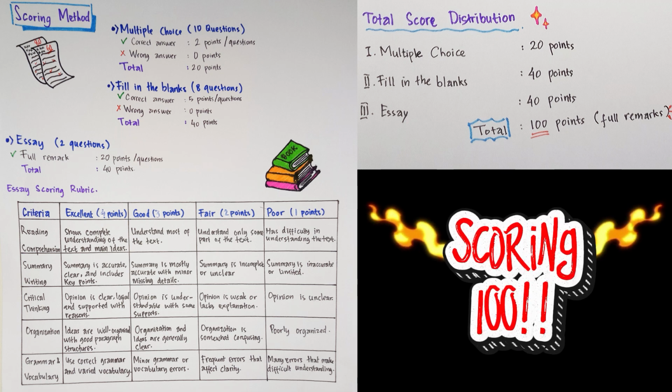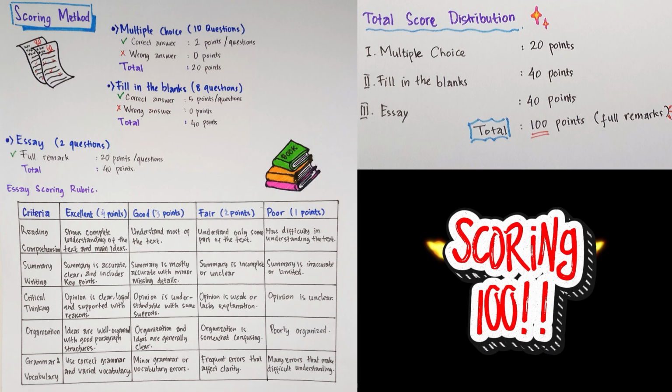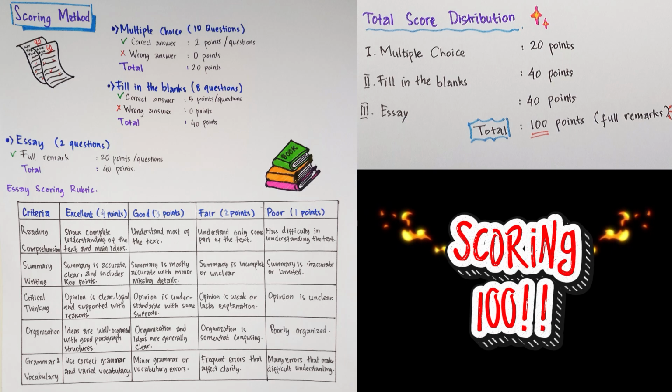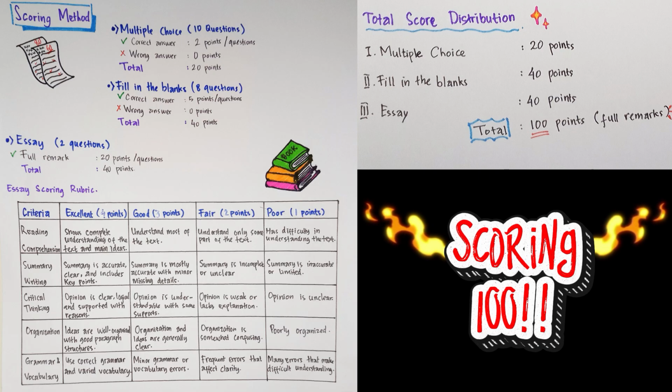For the essay assessment, we use a scoring rubric with 5 criteria. These criteria are reading comprehension, summary writing, critical thinking, organization, grammar, and vocabulary.